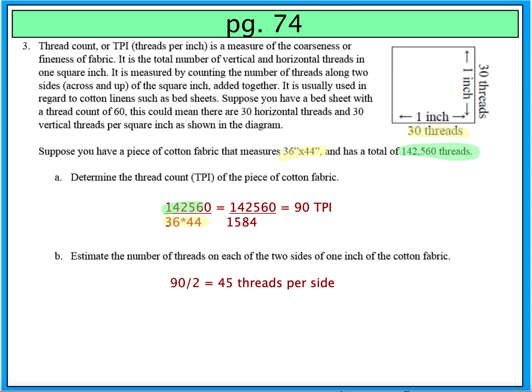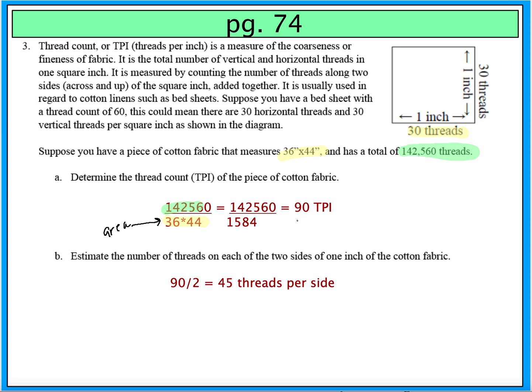142,560 threads. So you'd have to put the number of threads, 142,560, over the area. Remember, the bottom number is area. So to calculate the area of my actual total fabric, it would measure 1,584, that means that there are about 90 threads per square inch.